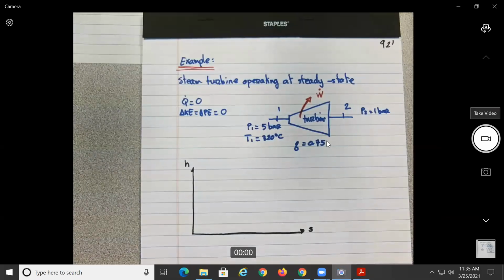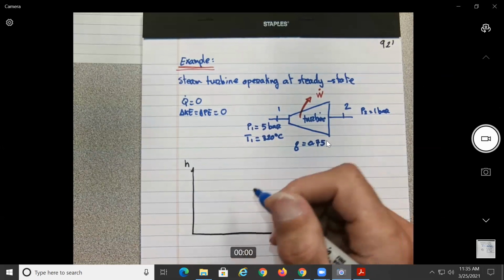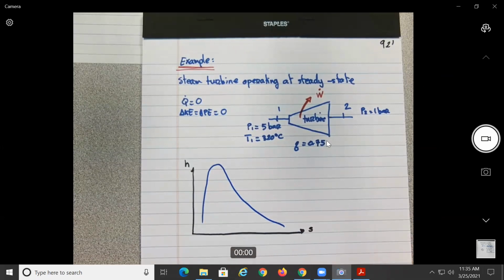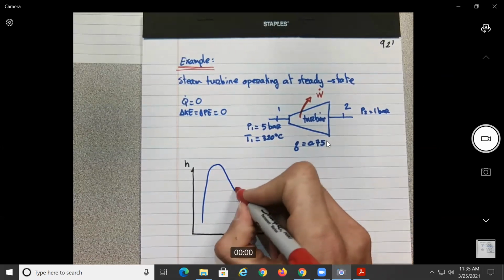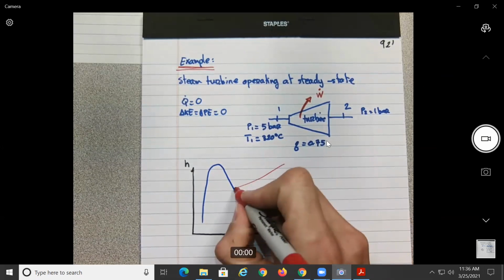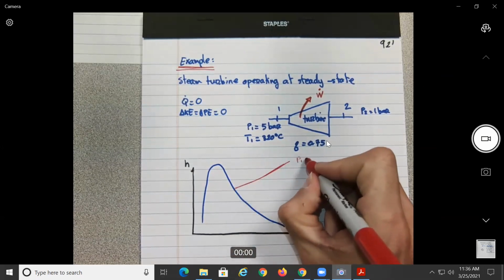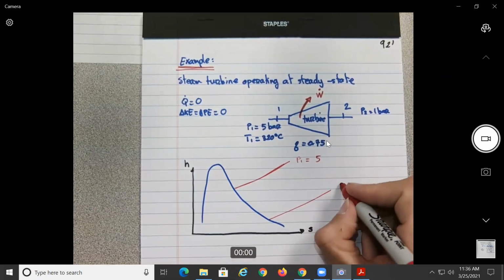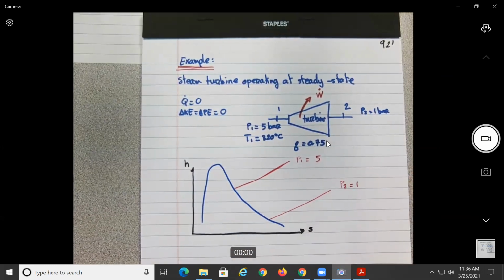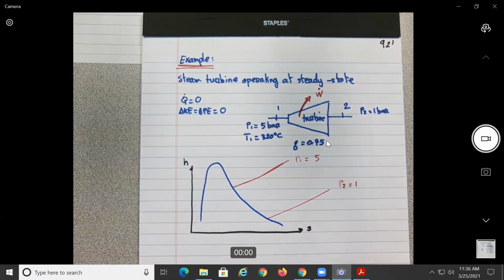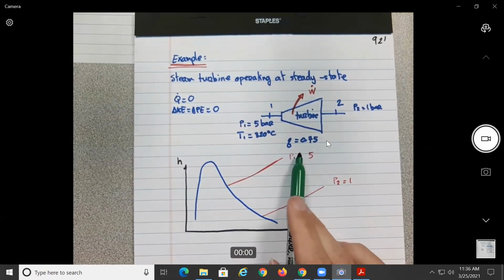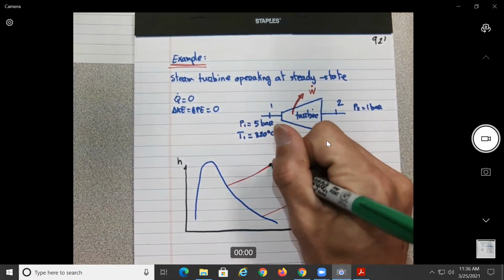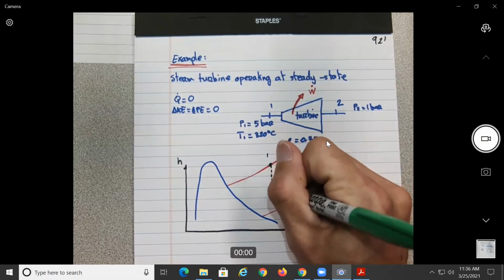Basically it will be exactly the same figure that we had before. Let's just do it that way. So we know P1 is 5 and P2 is 1. So this is the isentropic efficiency. If this was isentropic, what does that mean?